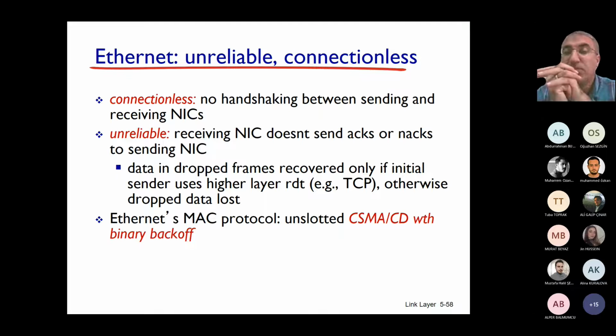If we have dropped frames, they are recovered only if the initial sender uses a higher layer reliable data transfer technology, such as TCP. Otherwise, the dropped frame is lost. Ethernet utilizes unslotted CSMA/CD with binary backoff as its multiple access MAC protocol.